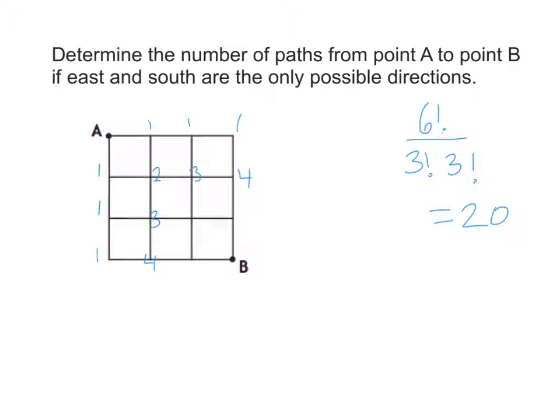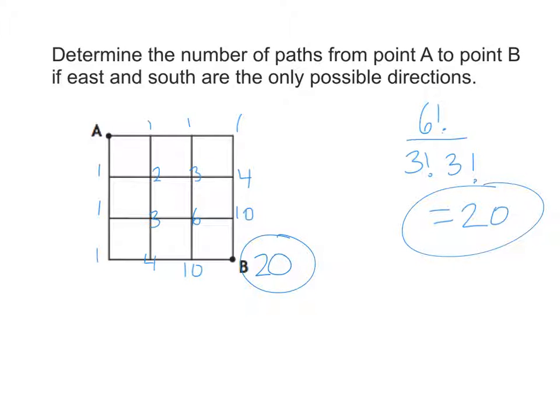That's going to be 6. 3 plus 3, 6. And over here, 10. 6 plus 4. Down here, 6 plus 4. And then to get to B, 10 plus 10 is 20, which is what we got here.